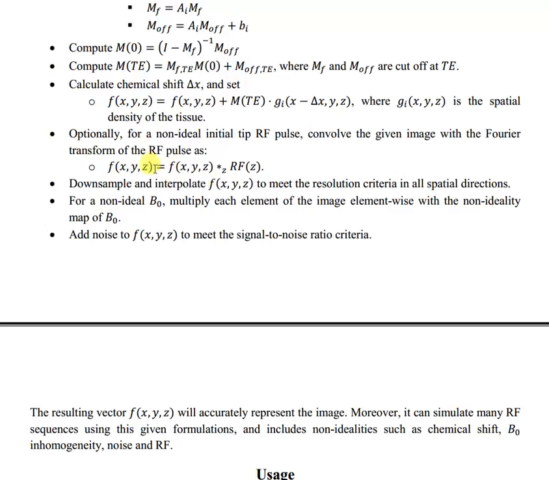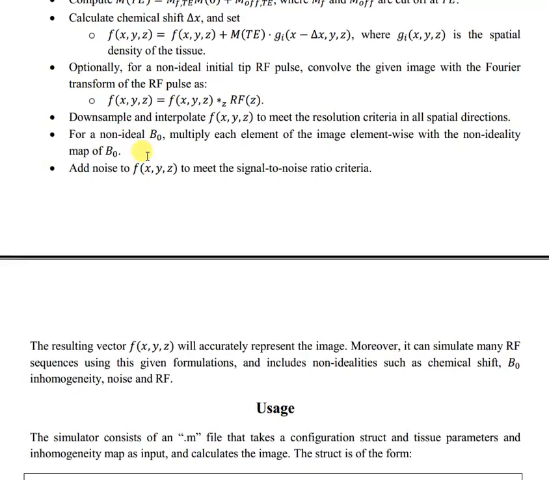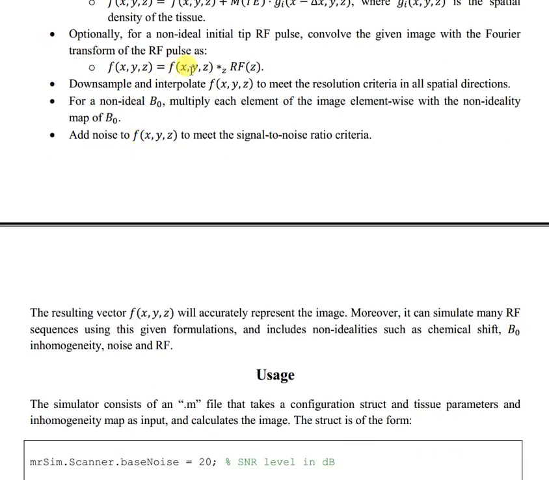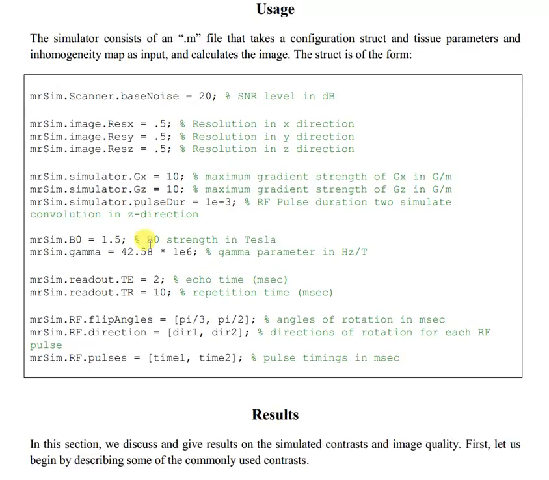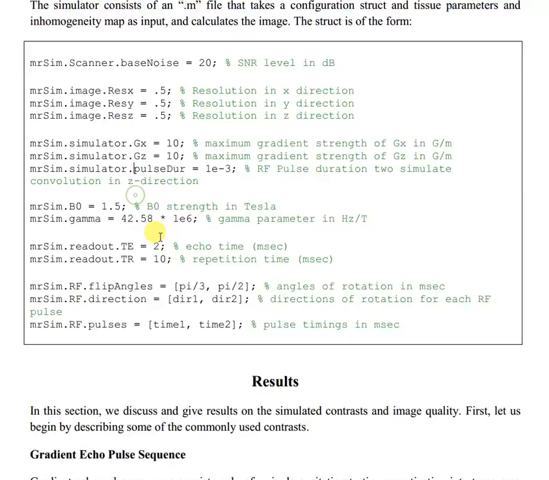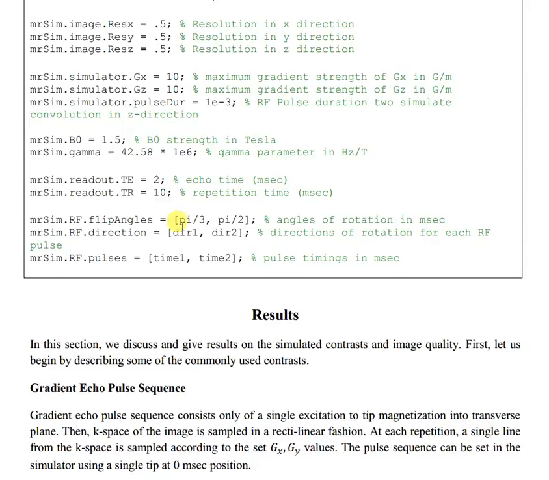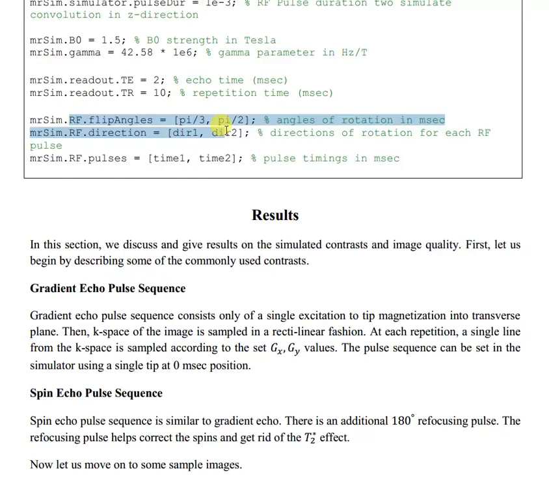This is also incorporated, and by Gx and Gy we can downsample the image. So the usage is as such: there is a simulator here, and we can simply set these parameters to get any pulse sequence we want.